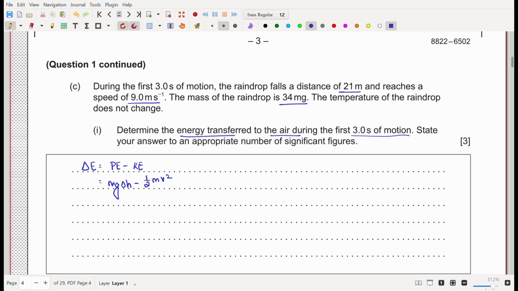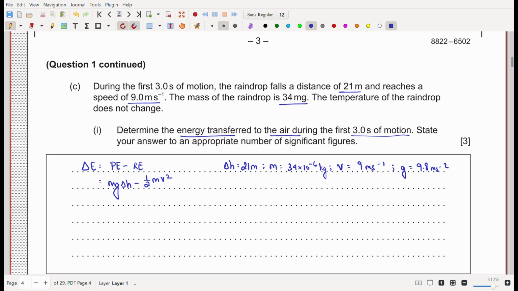So we can go ahead and write out delta h is equal to 21 meters, m is equal to 34 times 10 to the power minus 6 kilograms. Make sure to keep your units consistent, guys. After that, we're looking for velocity, which is equal to 9 meters per second. And finally, g, which is going to be 9.8 meters per second squared.